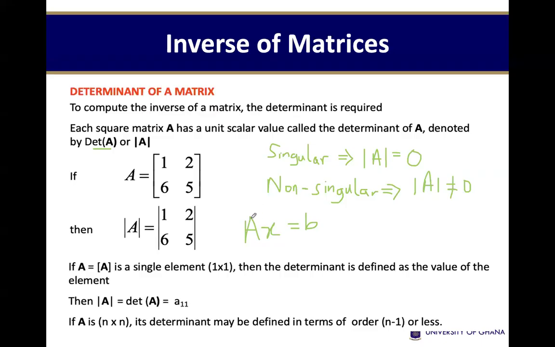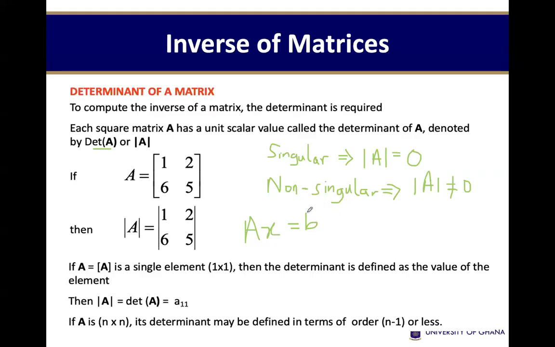If you want to use X1, X2, X3, that's fine. The coefficient values in front of X1, X2, X3 go into forming this coefficient matrix A. And the values after the equal sign, on the right-hand side, is what we refer to as the known column matrix or the known vector.